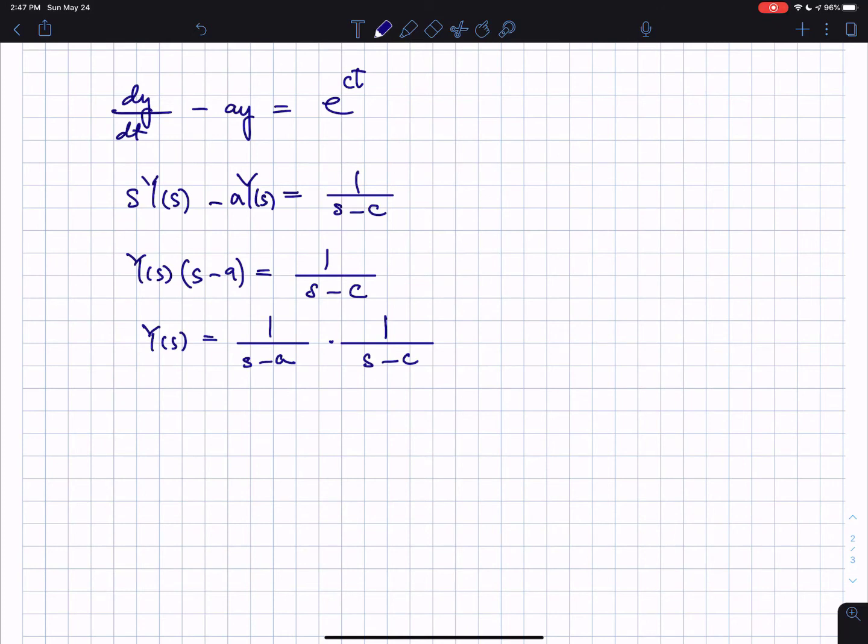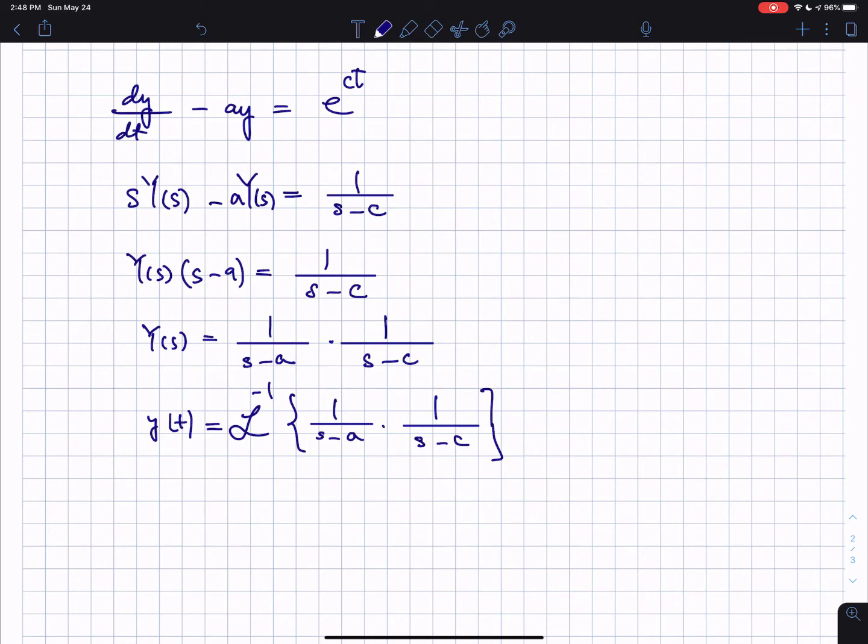Here you would say, okay, if I want to find y of t, I'm going to find the Laplace inverse of 1 over s minus a, 1 over s minus c. And here I could just do a partial fraction decomposition like you've done before. Yeah, you could do that, but we want to use convolution to solve this.